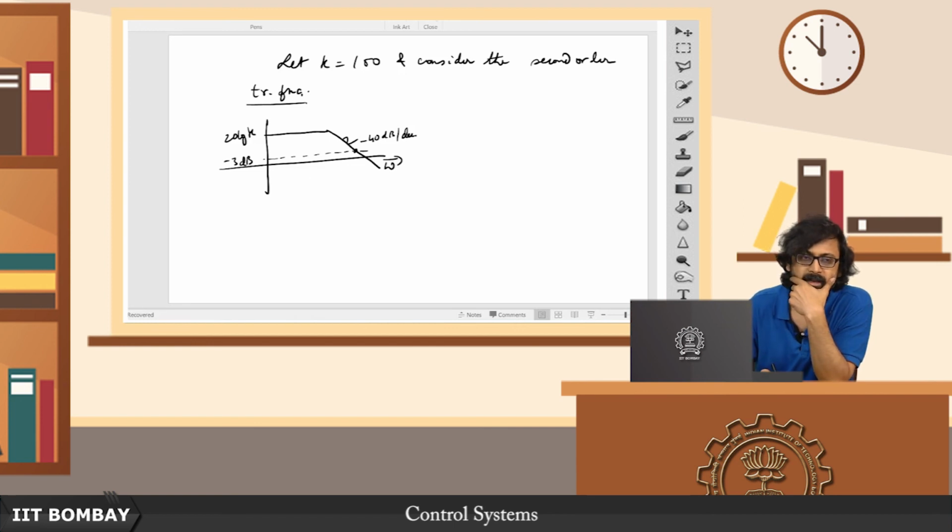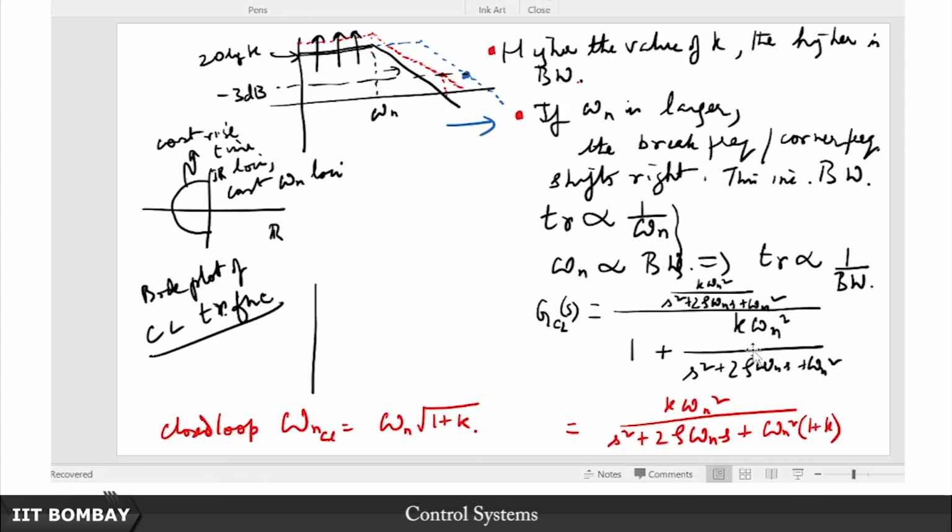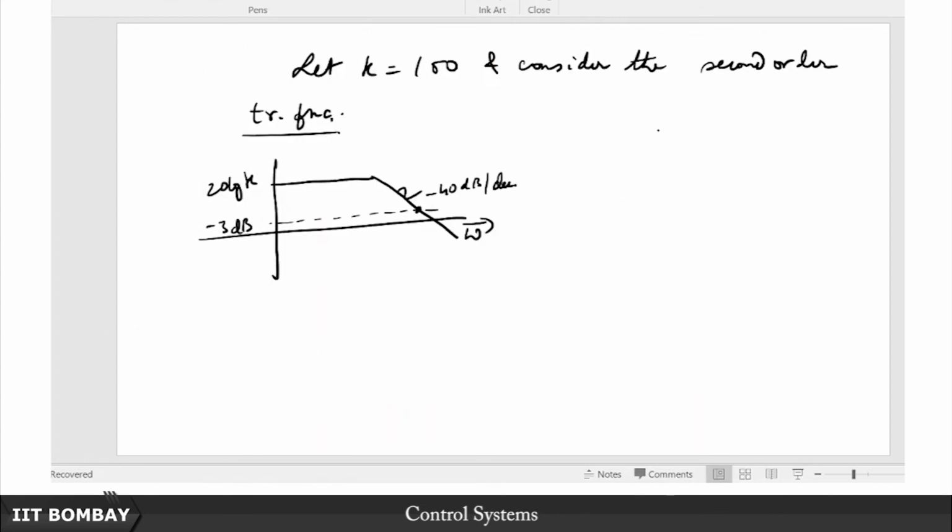Now once I have put this k in the closed loop configuration, the overall transfer function is given by k omega n squared upon s squared plus 2 zeta omega n s plus omega n squared, times root 1 plus k, the whole squared.